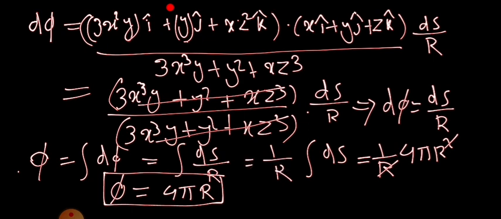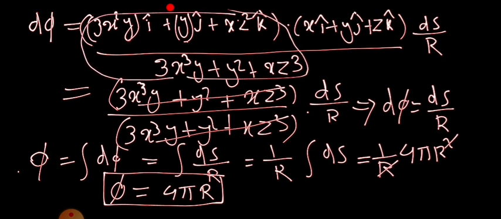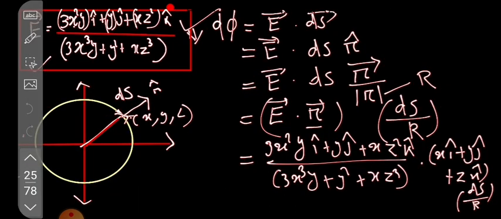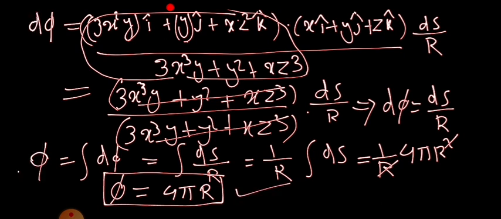So for this type of electric field, we calculated the flux passing through the spherical surface. We don't know the electric field direction or magnitude, but whenever the question is given in this format, the answer is always 4πR.